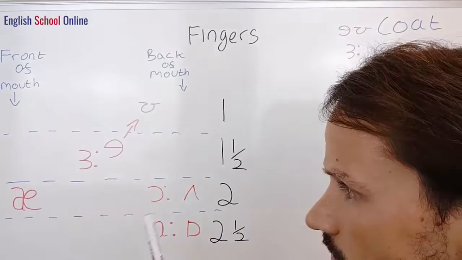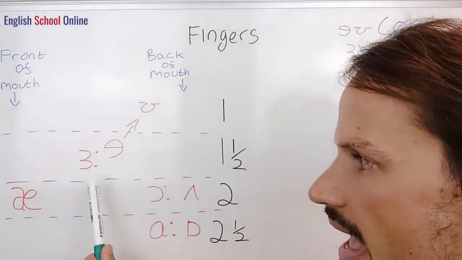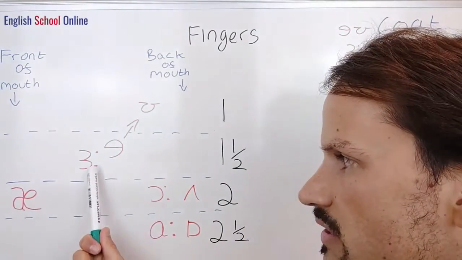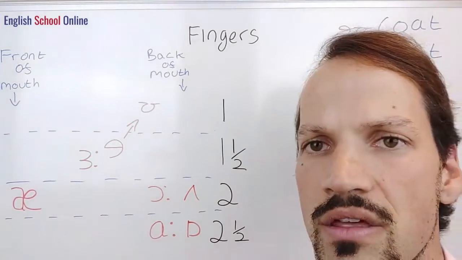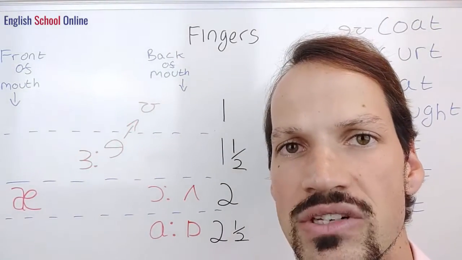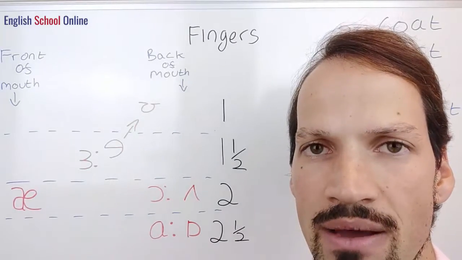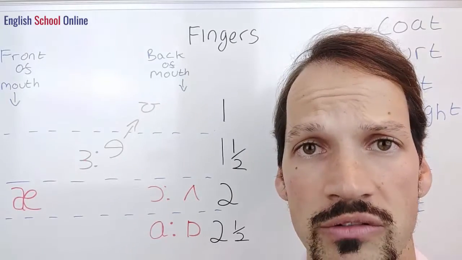So let's start with some basic groundwork. Any vowel sound in English that you see two dots after when it's written like this, like these three here, means that they are long English vowel sounds. There are two kinds of English vowel sounds: long vowel sounds and short vowel sounds.